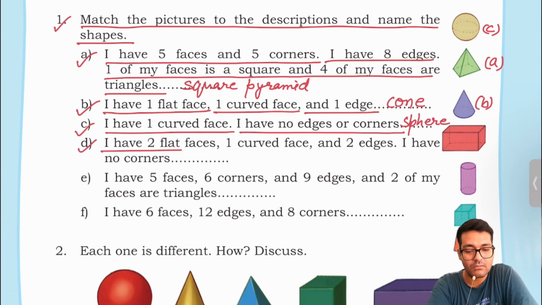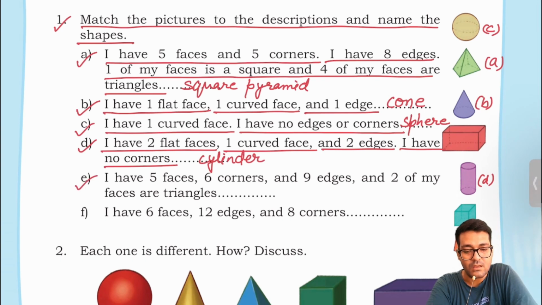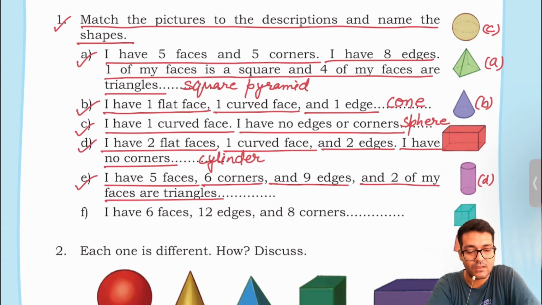D. I have two flat faces, one curved face and two edges. I have no corners. The answer is cylinder. E. I have 5 faces, 6 corners and 9 edges, and 2 of my faces are triangles.